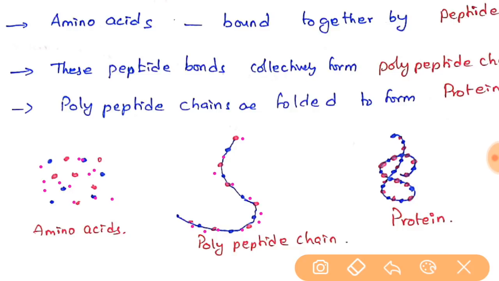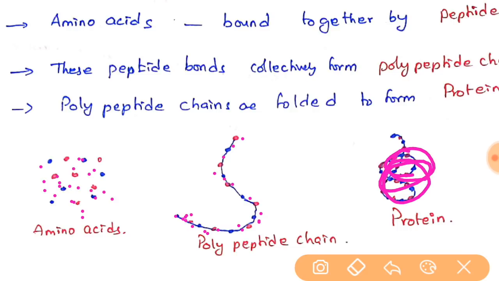These peptide chains are collectively called polypeptide chains, friends. If these polypeptide chains are just folded, there is no chemical reaction. If they are just folded like this, they are called proteins. That's it, simple, friends. The building blocks of proteins are nothing but amino acids.